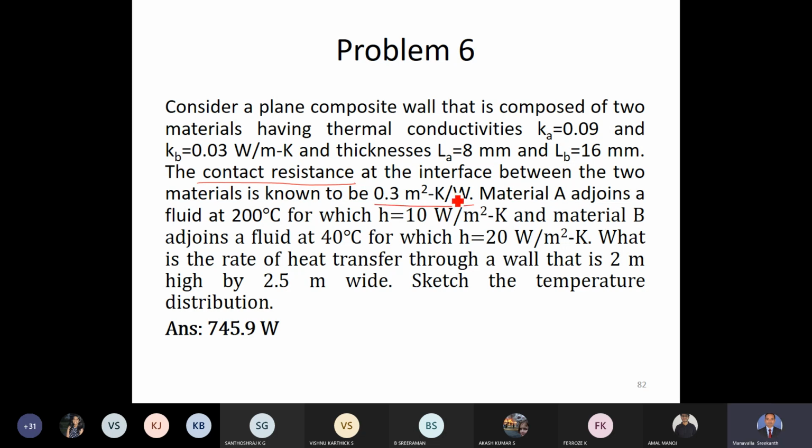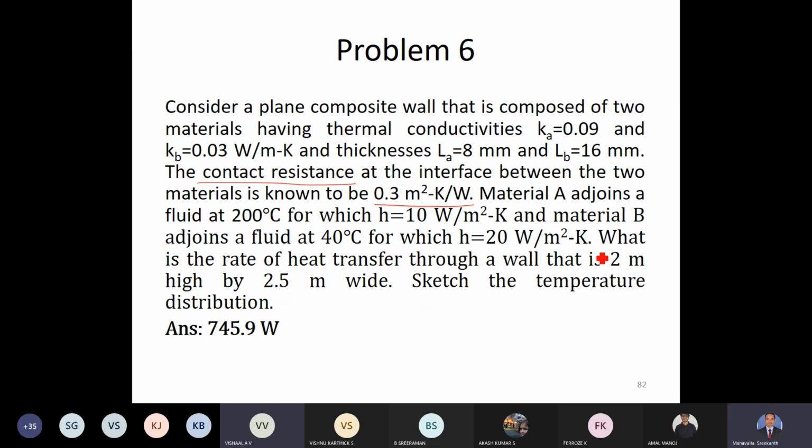Now, what is the unit of thermal resistivity? We have seen this earlier. I have also asked this earlier. I want some answers. What is the unit of thermal resistivity? You can see that the unit of this contact resistance is different from the unit of the thermal resistivity. So we'll have to take care of this.